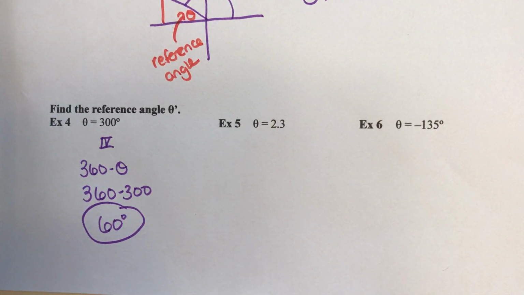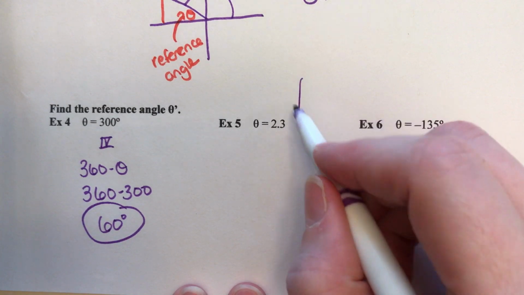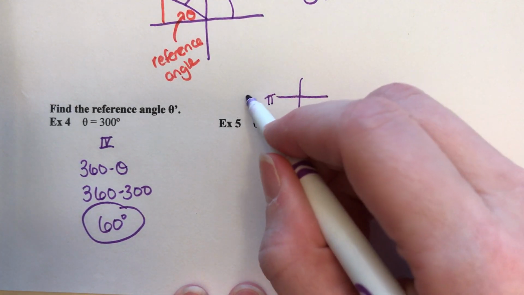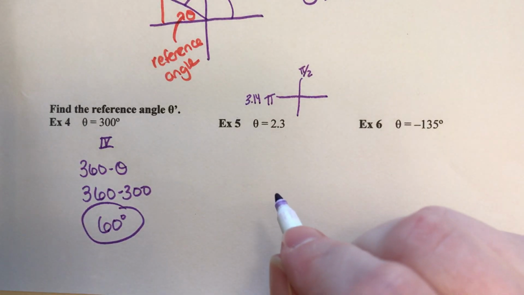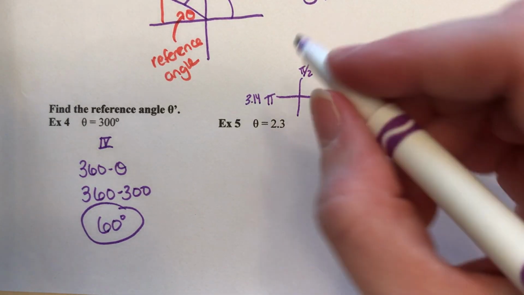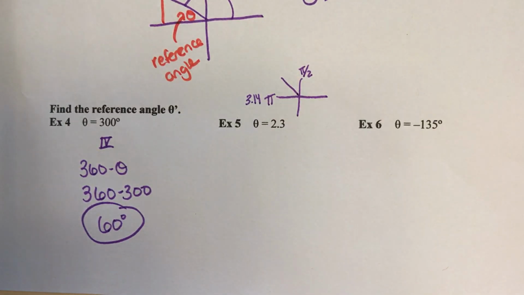Okay, let's go to number 5. Now number 5 is in radians. So we have to think about where 2.3 would be on the unit circle. So if we're working in radians, pi is over here, that's 3.14. We've got pi over 2 up at the top, so that's half of 3.14. So we're going to be in the second quadrant.